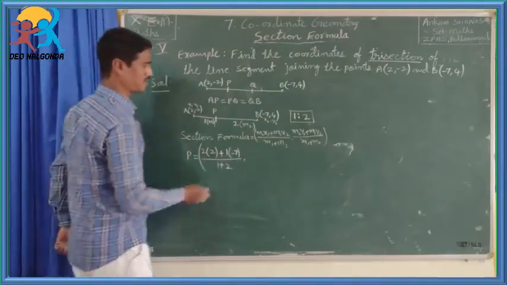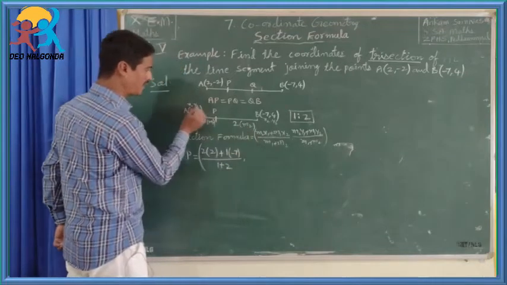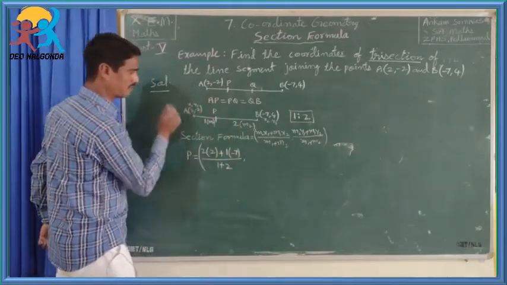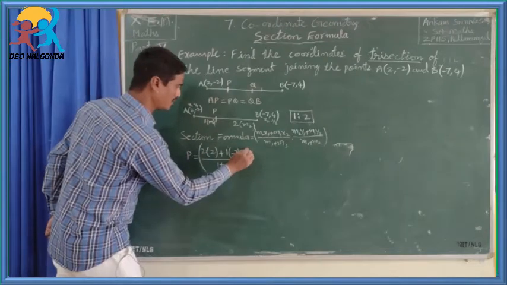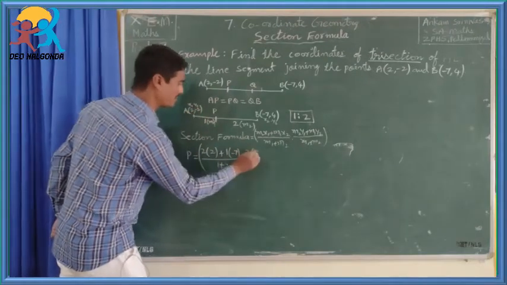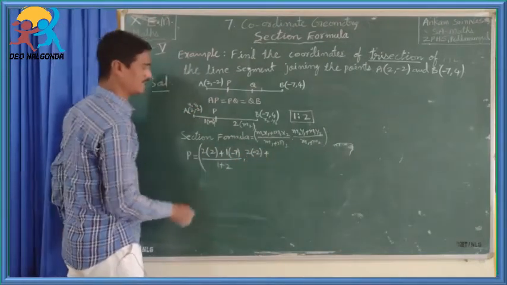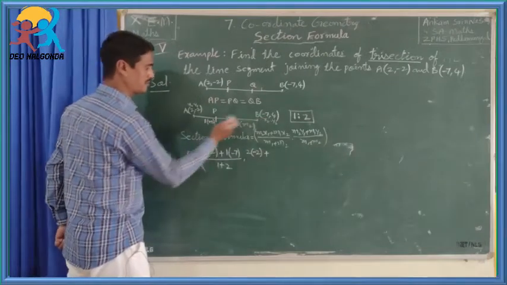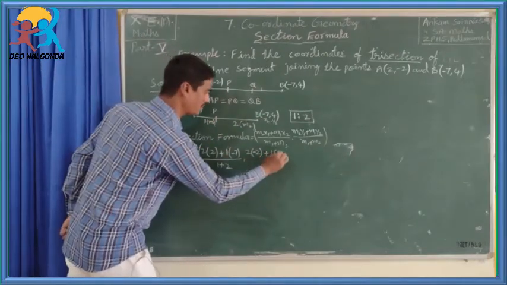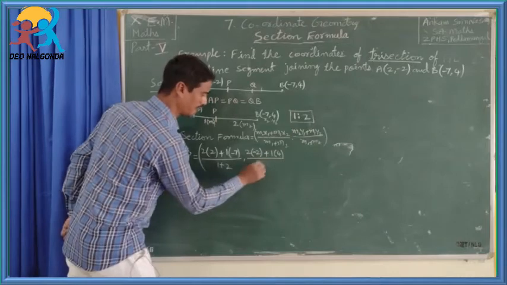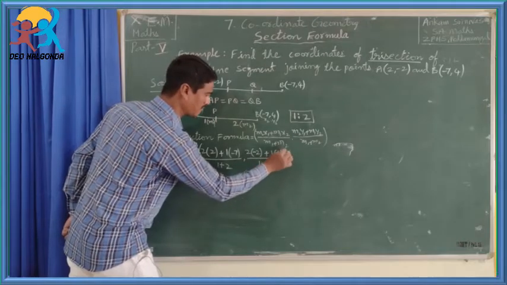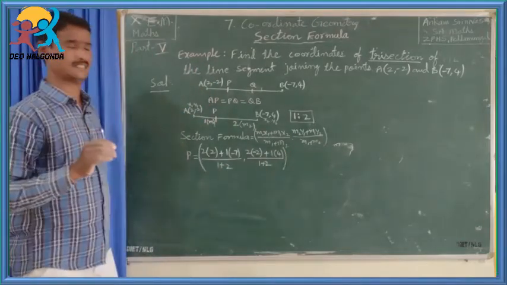Next, y equals m2 y1, 2 of -2, plus m1 y2, 1 of 4, by m1 plus m2. Is it clear?